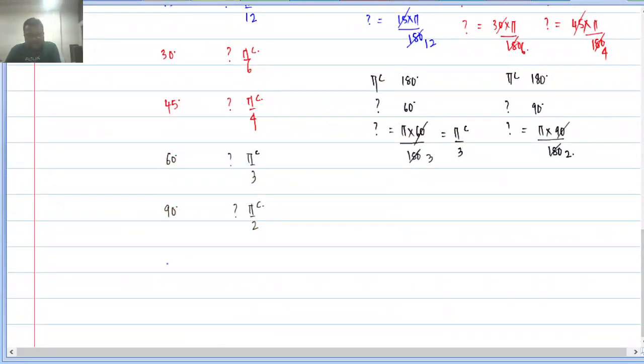120 degrees is how many radians? But 60 degrees is pi by 3 radians. 120 is 2 into 60, which is 2 into pi by 3, which is 2 pi by 3 radians. You can do it like this also, but I have taken a shortcut.